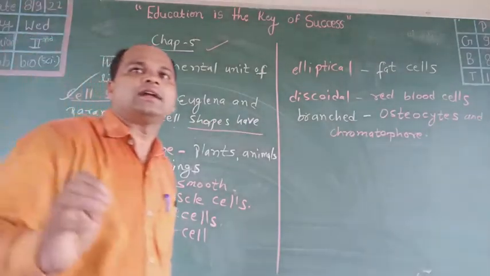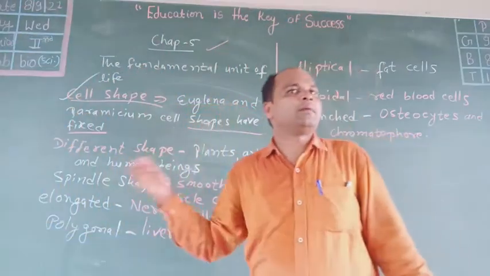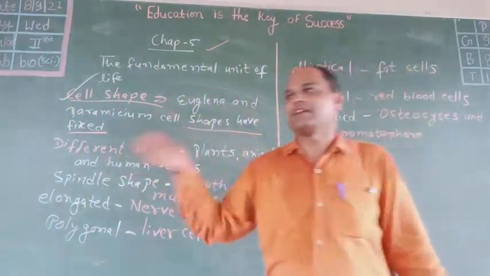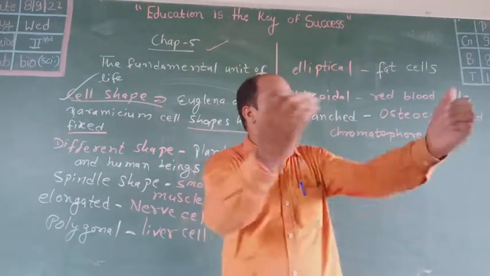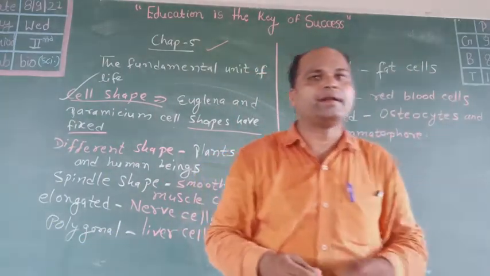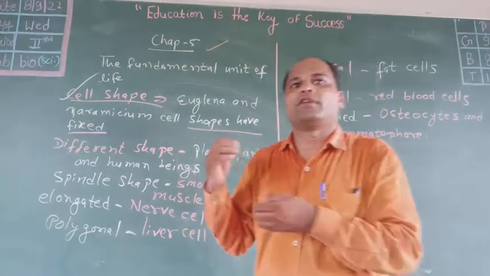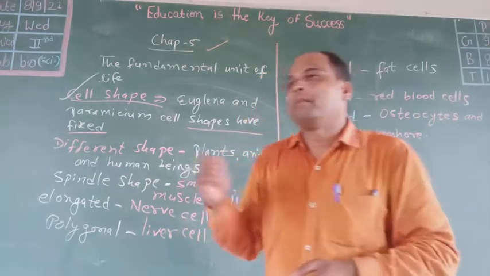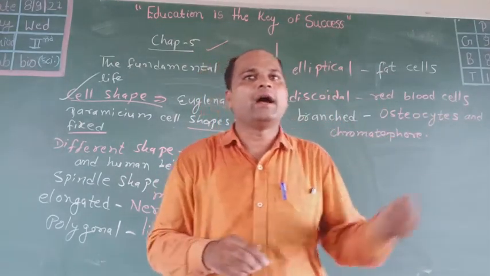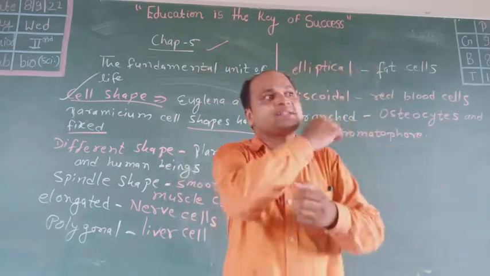The shapes may be fixed or variable. Cell shapes may be fixed or variable. For example, Euglena and Paramecium have a fixed shape.